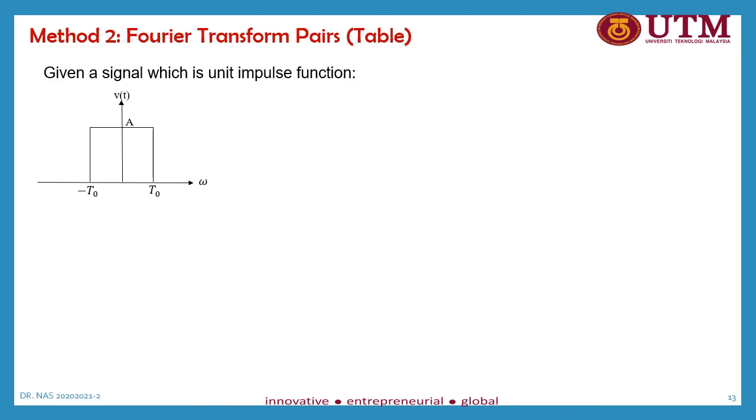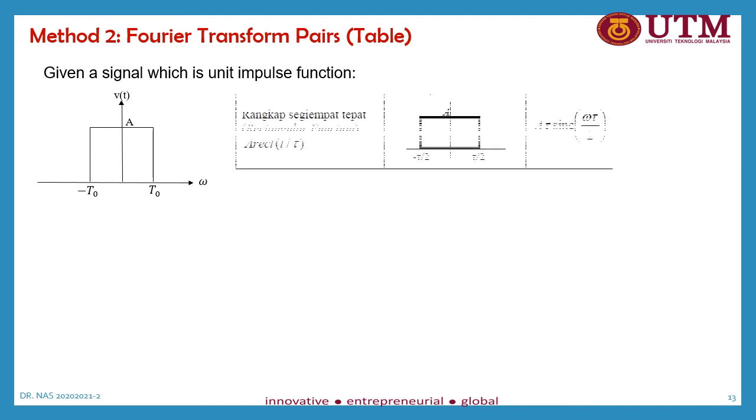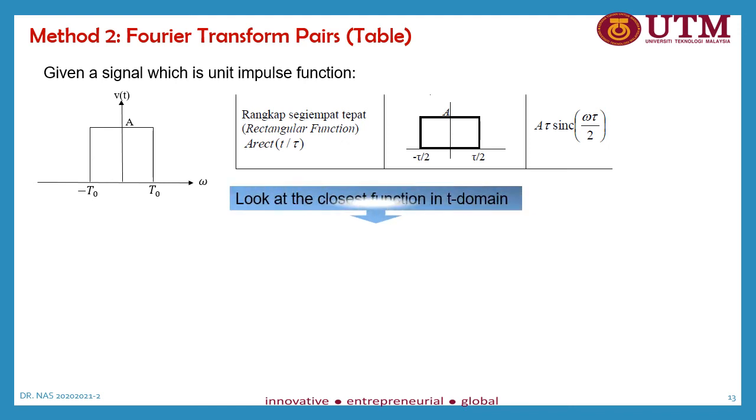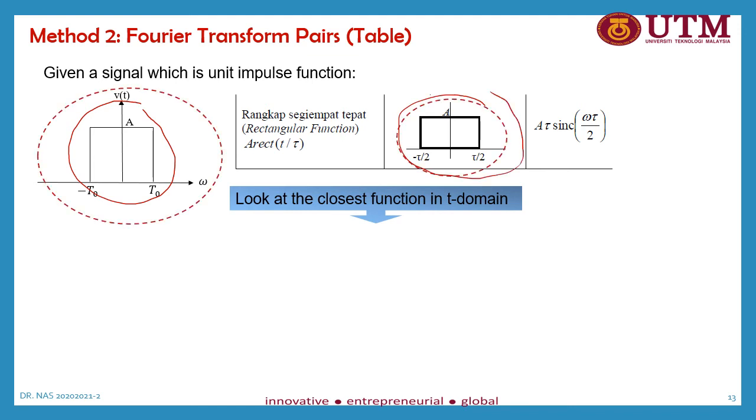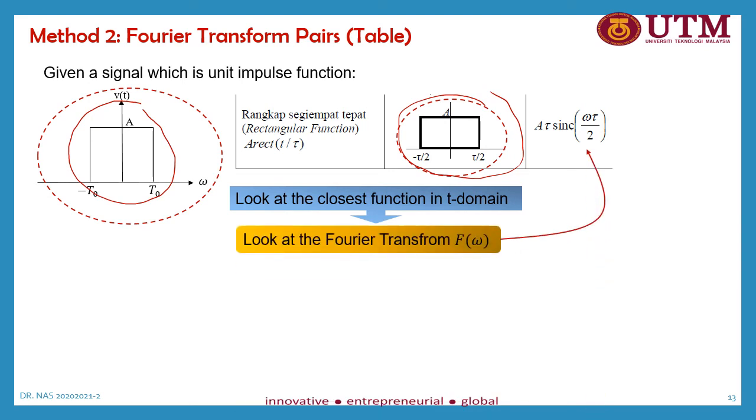Okay, so now let's try the second method, using the Fourier transform pairs from the table. First you need to compare with the closest shape of function in time domain. In this case, you have a rectangular function. Obviously, this is the closest shape. Next you need to look at the Fourier transform equation of the given signal.